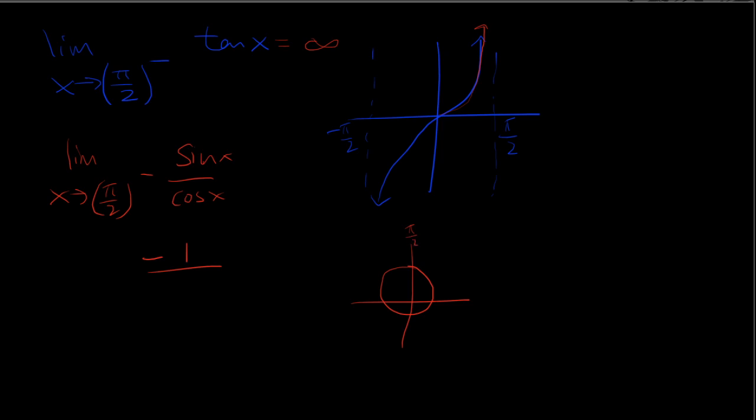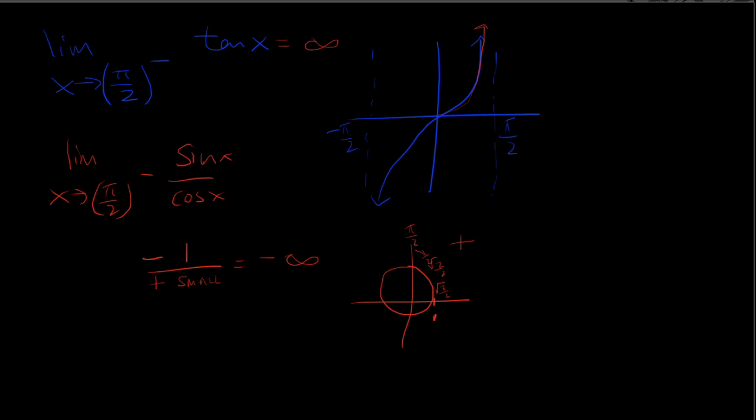So cosine is 1 here, and it gets smaller and smaller. So it goes to root 3 over 2, root 2 over 2, 1/2, and it just gets closer and closer to 0. And the values here of cosine are going to be positive, right? So it's going to be positive, but a very small number because it's going to end up going to 0. And we'll have a negative number over a positive number, which will just give us a negative number, and then 1 over a super small number will go towards infinity.